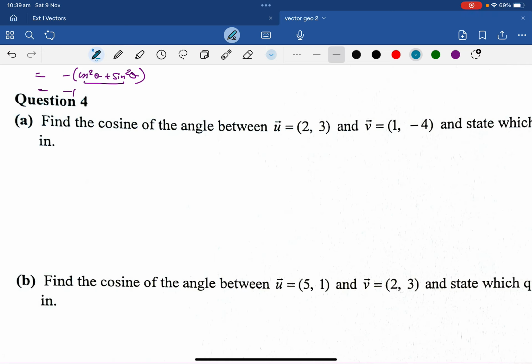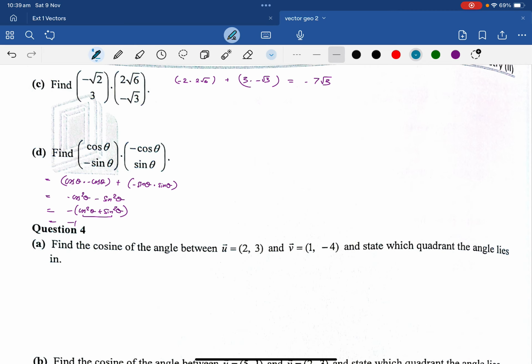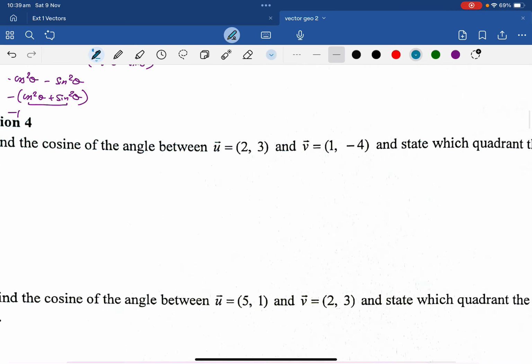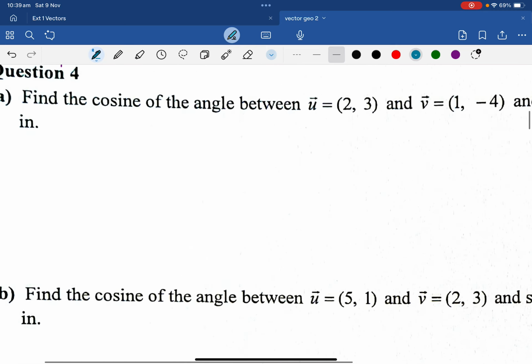Okay, nice. So, on page 2 now, the question's asking us to find the cosine of the angle between vector u and vector v. So first, let's sketch this diagram. I always like to sketch vector diagrams because it makes more intuitive sense of the vectors when I see where they are.